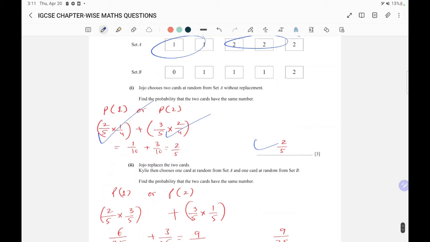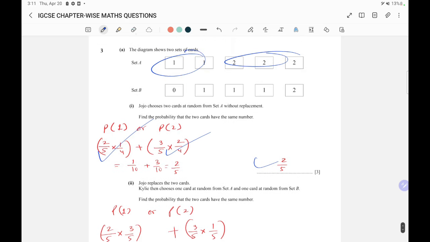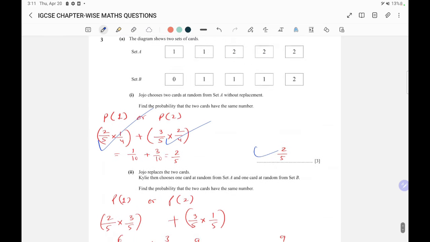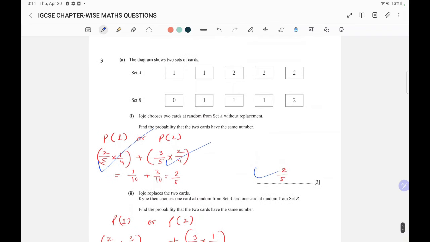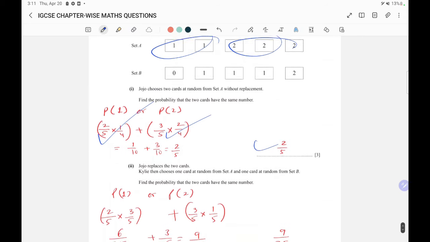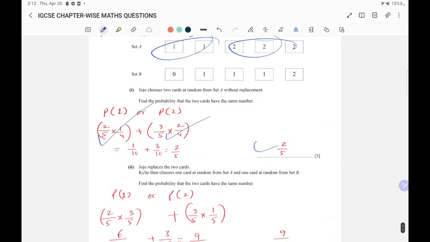Jojo replaces 2 cards. The CAIE then chooses 1 card at random from set A and 1 from set B. Okay, 1, 1. Same number, right? So Jojo can get 1 or 2 here.